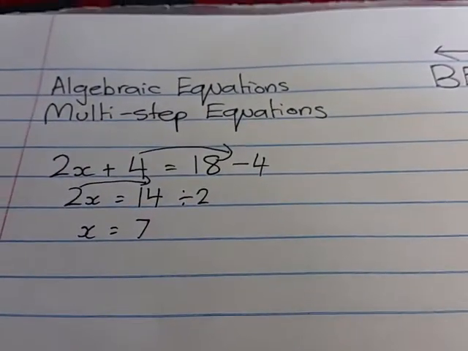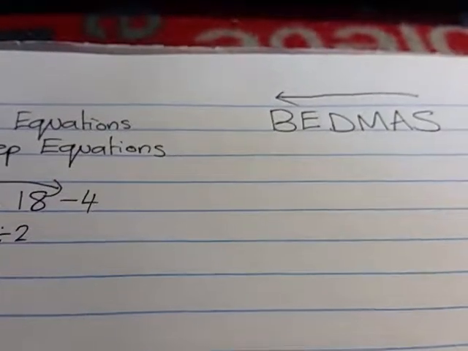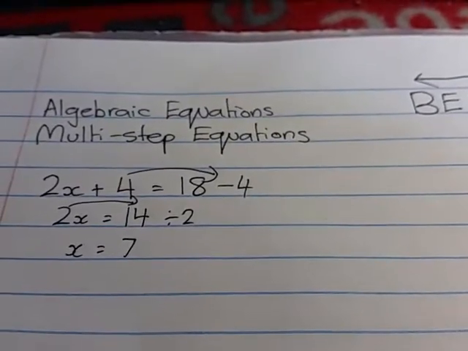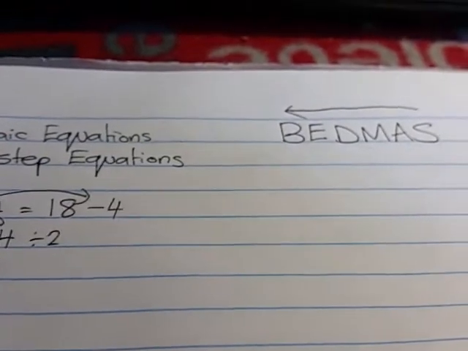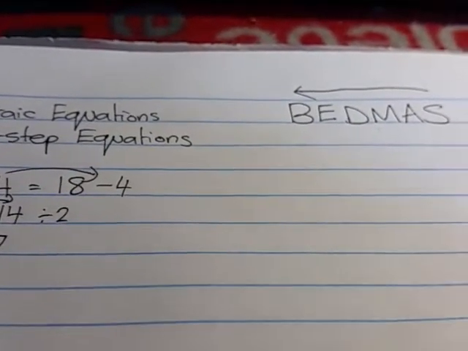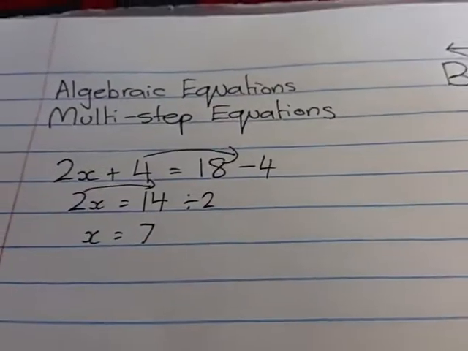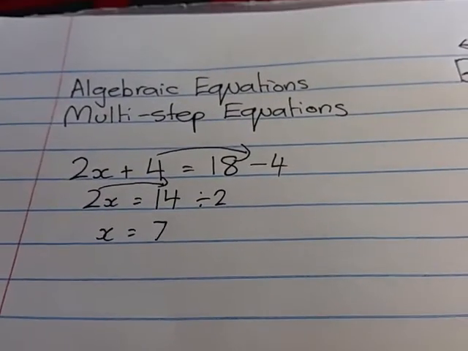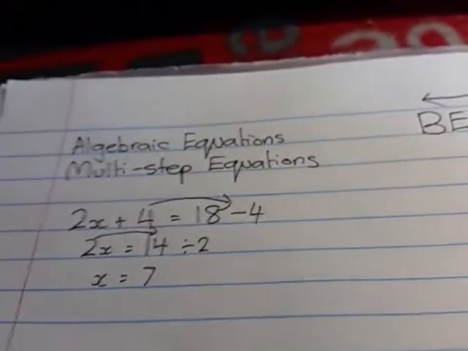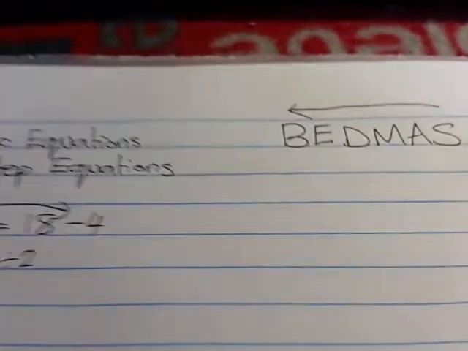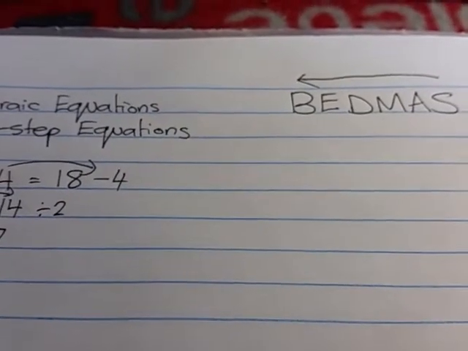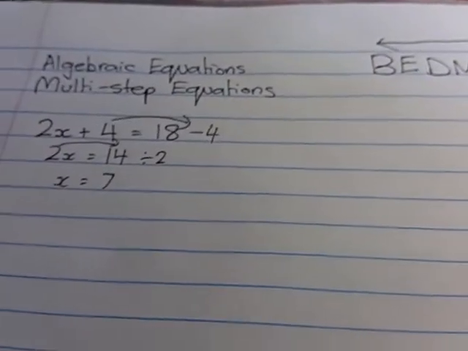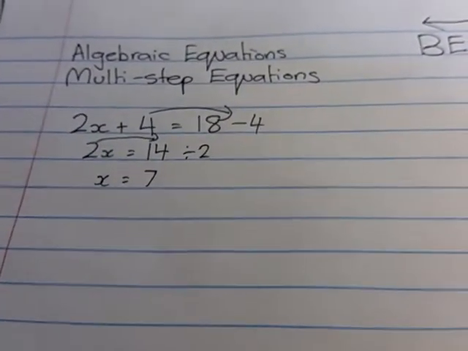We moved the addition first, and then we moved the multiplication. Opposite of what we normally do, the opposite order of what normal BEDMAS does. And that's a little math hack that I came up with for the order of which ones to do in a multi-step equation.